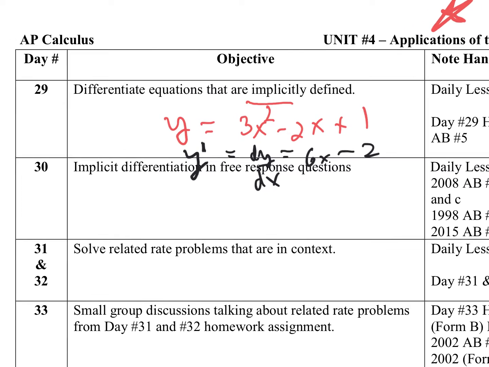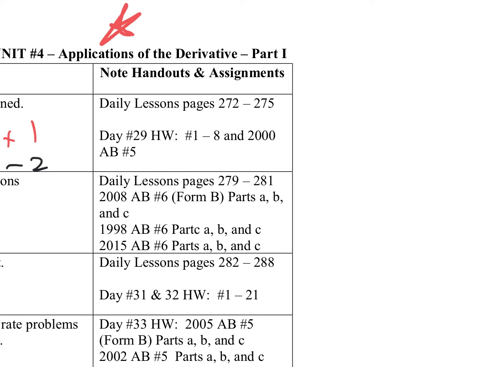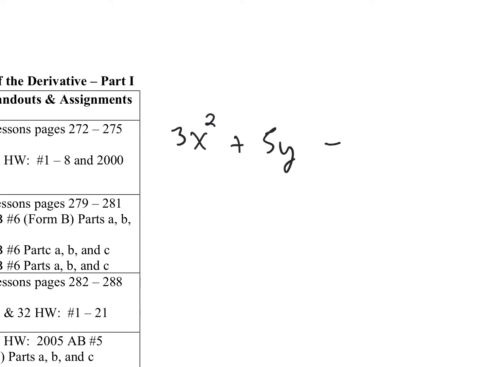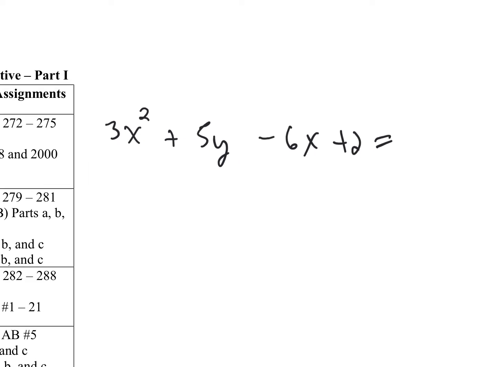But what if you run across a function that is not so forgiving? 3x squared plus 5y minus 6x plus 2 equals 2x.